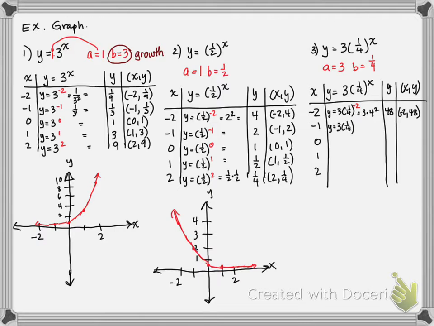All right, next one. I'm going to raise that to the negative first power. And we get 3 times, let's see, got to do a reciprocal, 4, and that equals 12. Definitely decreasing on our y's as our x's increase. And then we're going to put in 0 as our exponent.